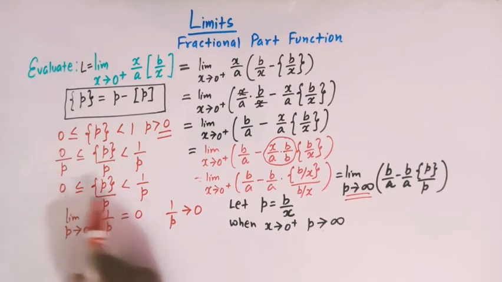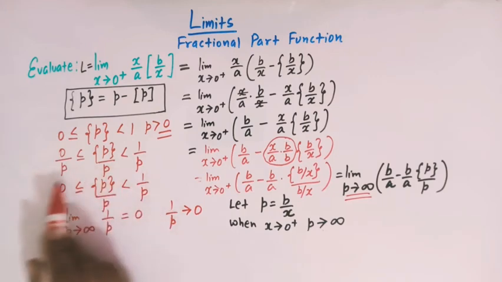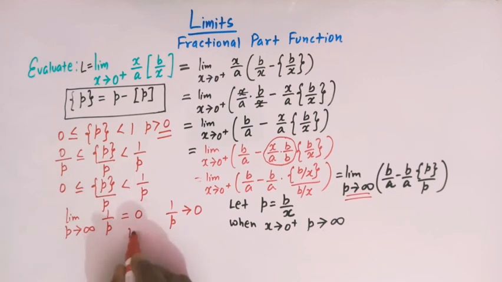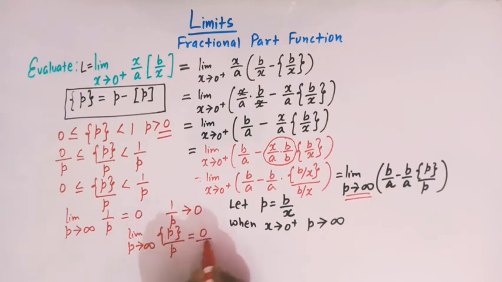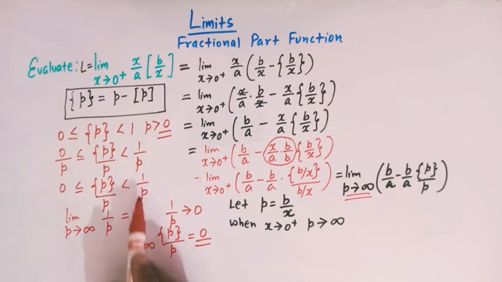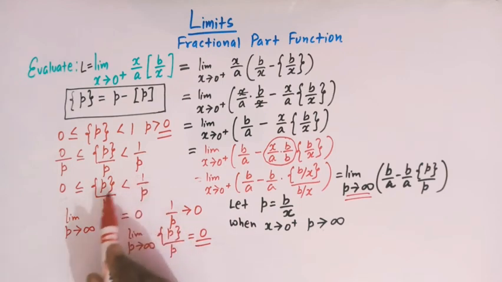So here we observe that the limit p tends to infinity of the fractional part of p over p is equal to 0, right? Because here we have 0 and the limit p tends to infinity 1 over p is also 0. So the limit of fractional part of p over p when p tends to infinity is 0, right?